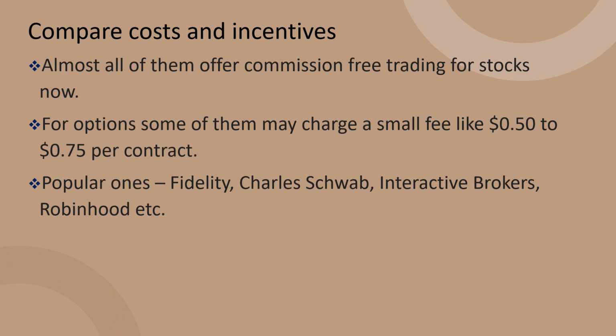It's a little advanced area of investing, and we will cover it in future sessions. So as of now, we will limit ourselves to stock trading, as most of you could be beginners. The popular brokerage accounts are Fidelity, Charles Schwab, Interactive Brokers, and Robinhood, some of the very popular ones.